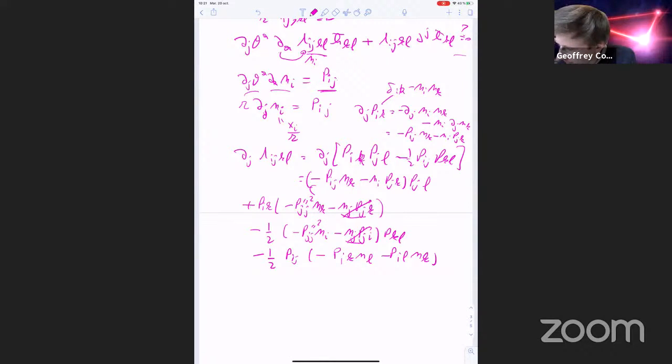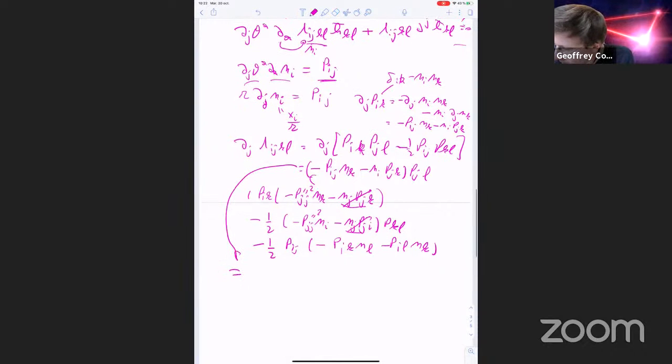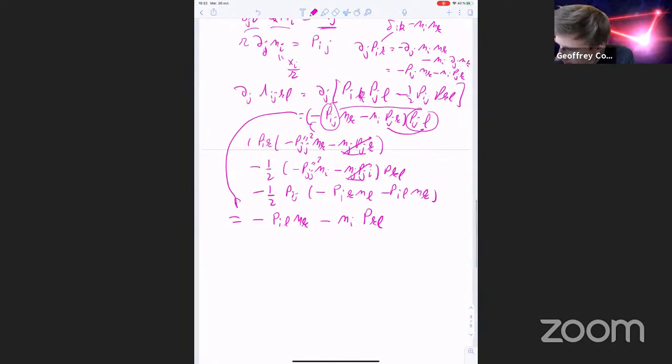And now with these contractions of indices, let's rewrite it. Once we have a projector, we can also contract it. So p_il and k, because this projector and that projector contract nicely. Minus n_i p_kl. With these two contract nicely. Here I have a minus 2 times n_k p_k.